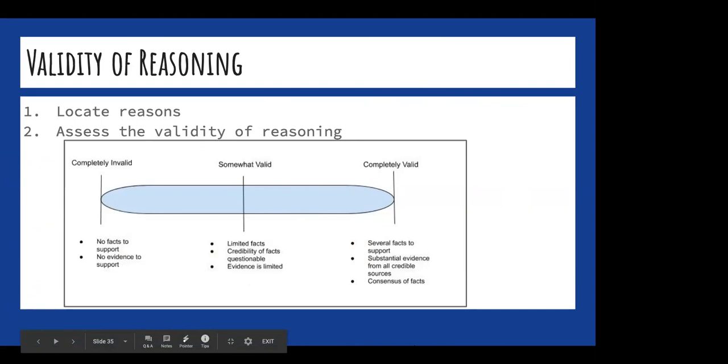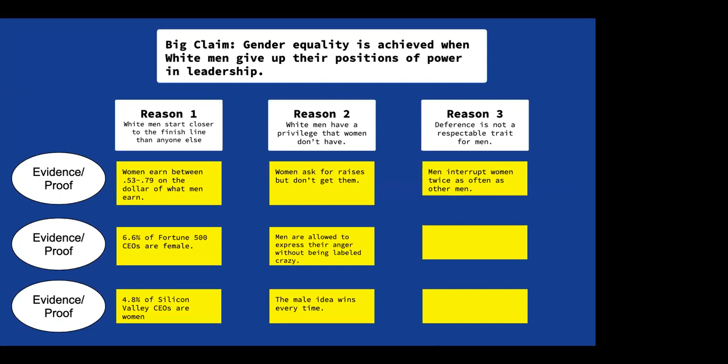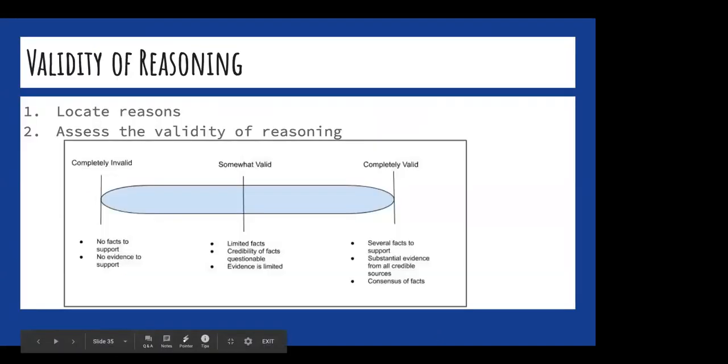And when we think about this, what we have created here is a tangible type of rubric for students to use in order to figure out, is this reasoning actually valid? So we're looking at those reasons, those items in those small white boxes, and thinking about what is actually valid.